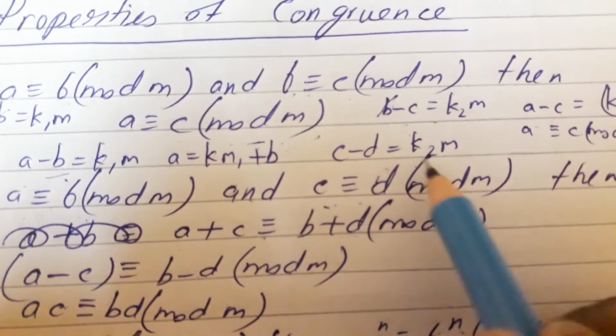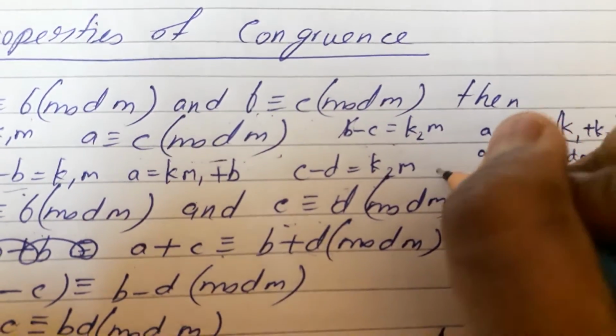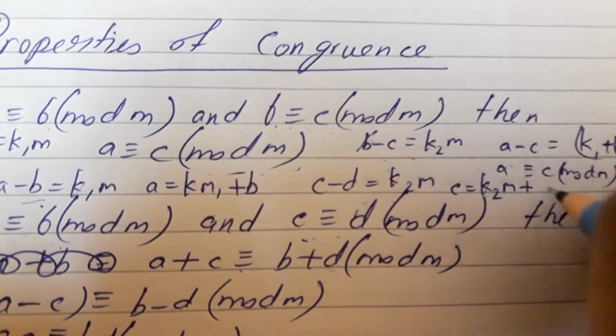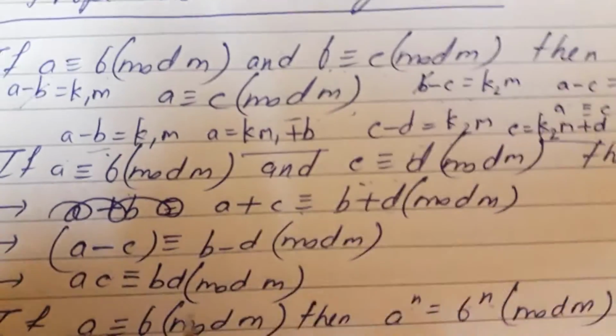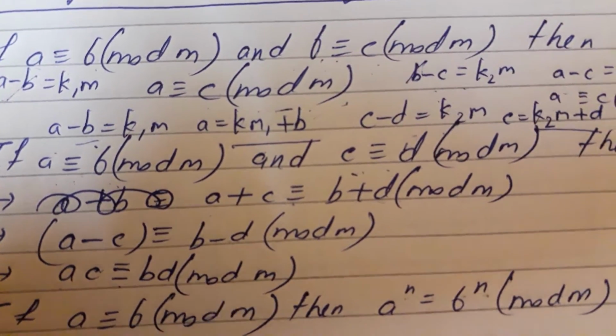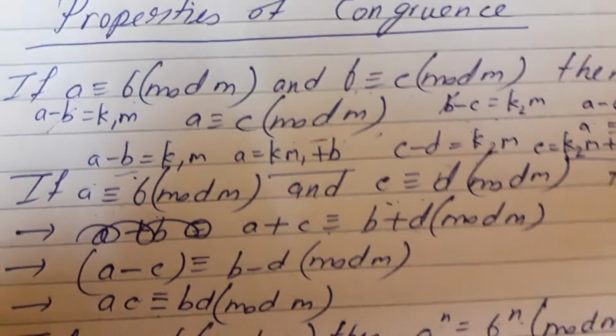And C minus D equals K2 M, it means C equals K2 M plus D. So if you multiply these two, then we will get AC congruent BD mod M. So in this way it can be proved.